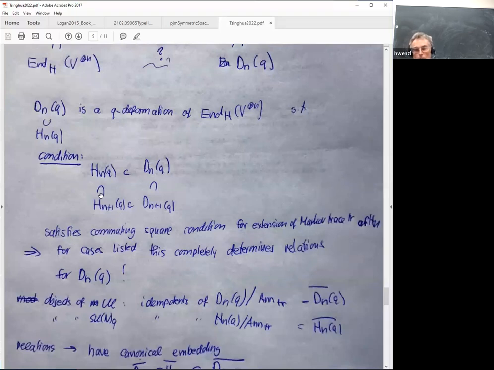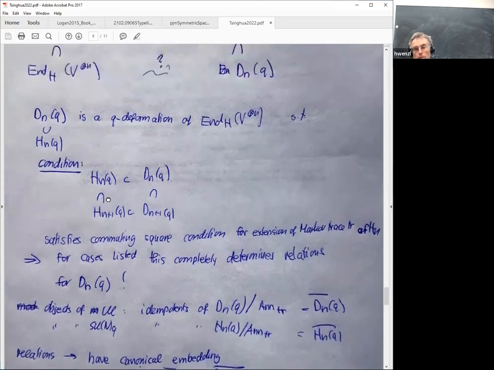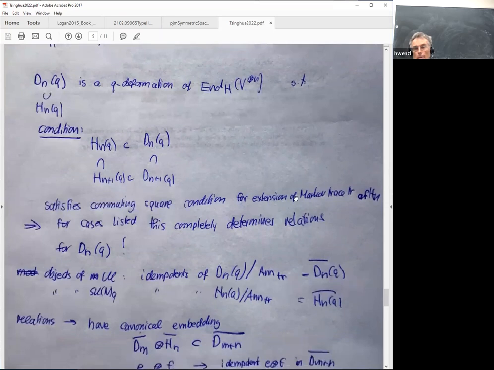We already know that the Hecke algebras have a canonical trace called the Markov trace. So we want to define an extension of this Markov trace to this D_{n,q}, which satisfies the commuting square condition.